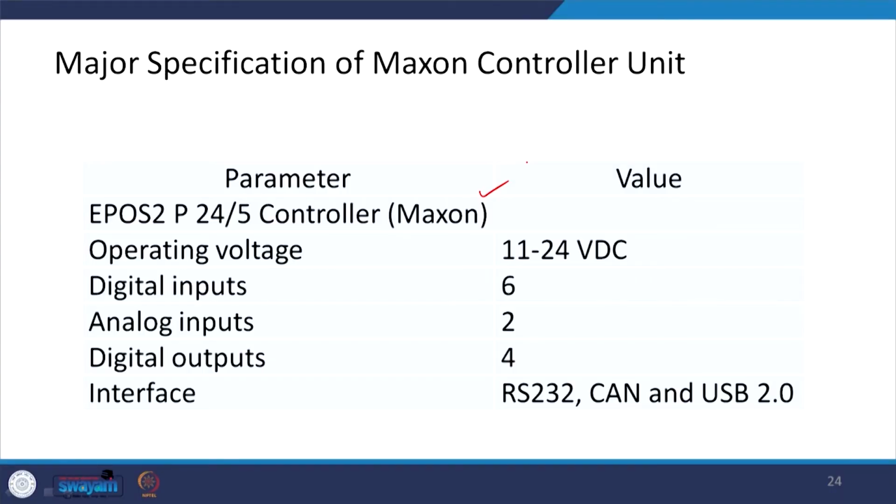So, the major specifications of the Maxon controller unit are these basically. This is the controller which we used. The operating voltage is 11 to 24 volt DC. There were 6 digital input channels, 2 analog input channels and 4 digital output channels, and the interface is with the help of RS-232 ports, CAN as well as USB 2.0.